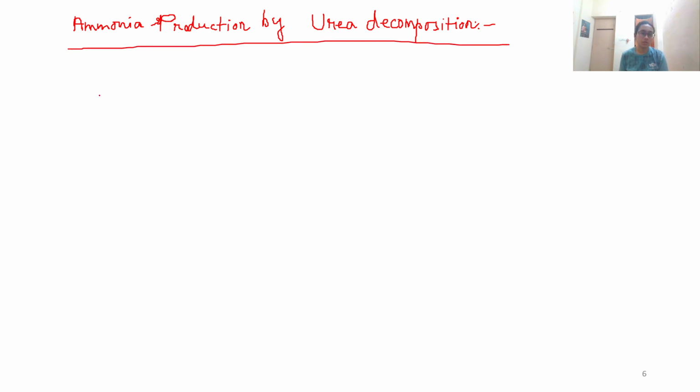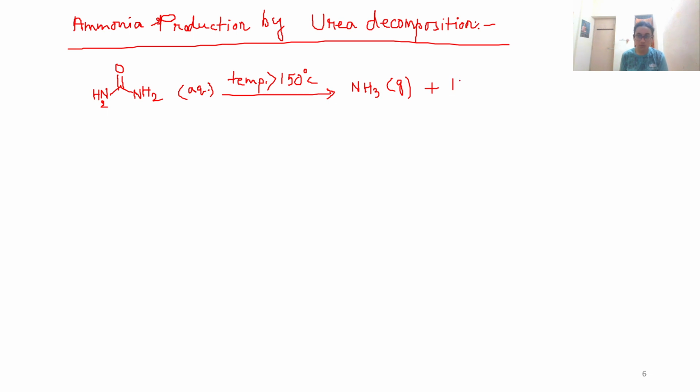Ammonia production by urea decomposition. So urea, at a temperature greater than 150 degrees centigrade, which is the decomposition temperature of urea, will be decomposed to produce gaseous NH3 plus HNCO.